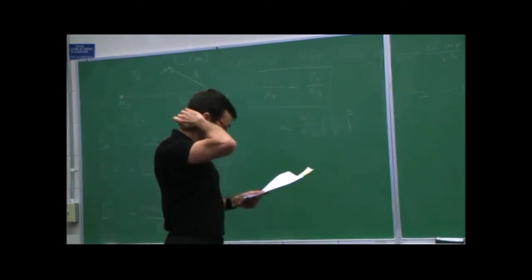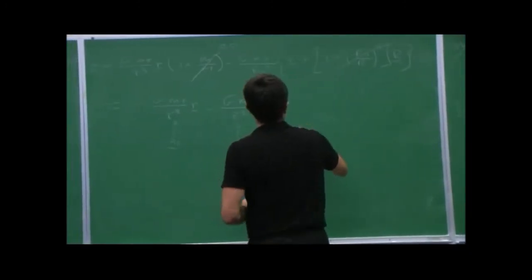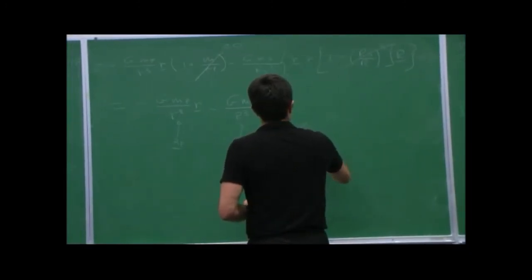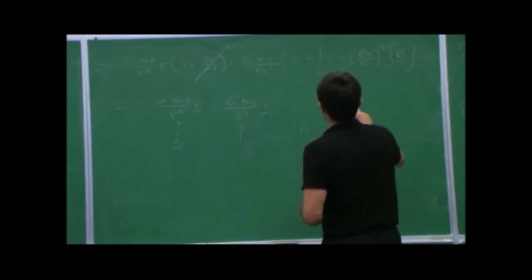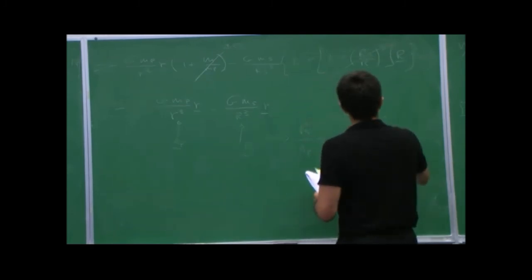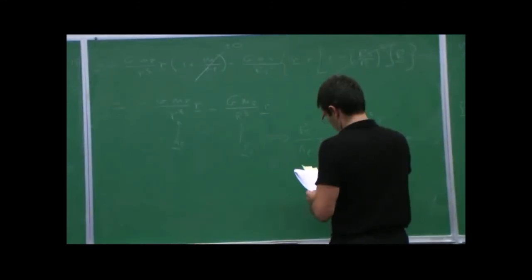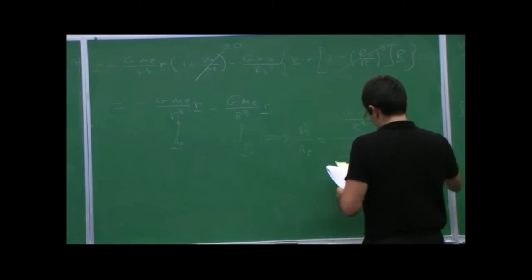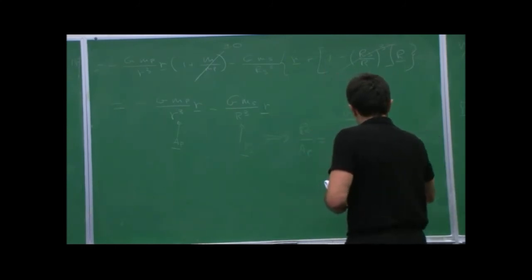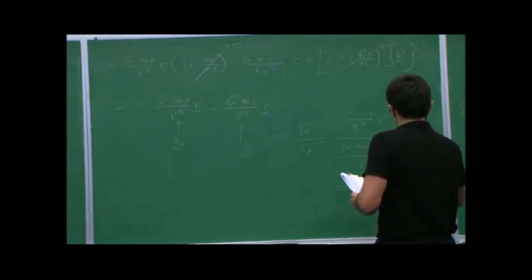Okay. Well, I have to compute this ratio now. So what is PS over AP? Let's see what we get. PS is G ms over r cubed, over G m planet over simply r squared, which in the end gives you ms over m planet, little r over big R, this time cubed.